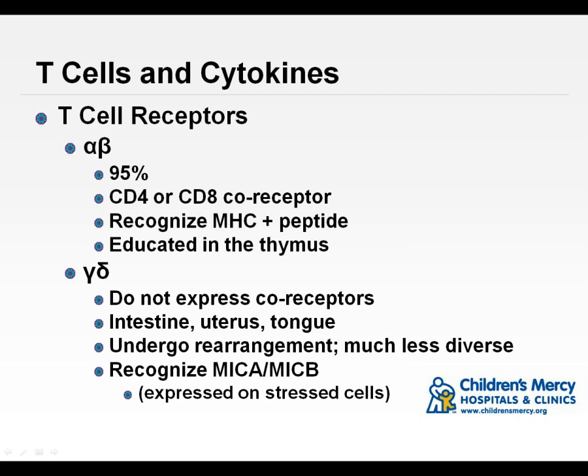They do undergo rearrangement, but the result is much less diverse. They're found anywhere where you're likely to have pathogen entry into the body, so around the intestine, the uterus, tongue. And they recognize MIC-A, MIC-B, which is expressed on stressed cells.